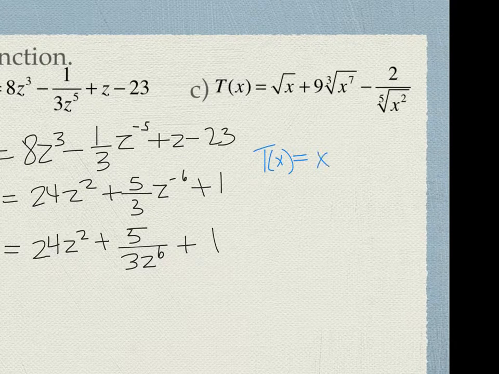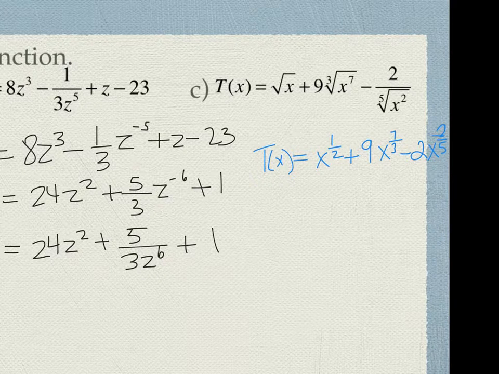So it's x to the power of 1/2. This one, 9 times the cube root of x to the power of 7 is x to the power of 7/3. And finally, minus 2 times x to the power of, does anyone have an idea of what that exponent would be? Close. Negative 2 over 5.